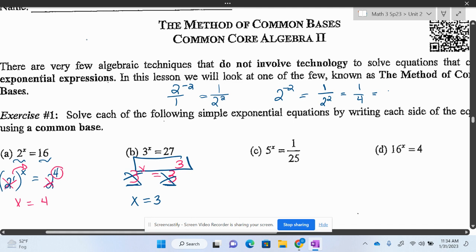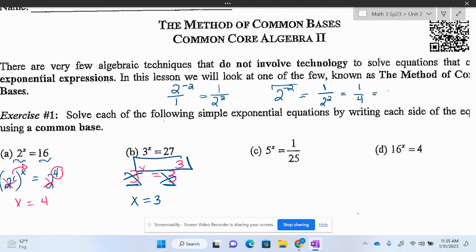So really the 1/4, which is the same thing as 1 over 2 squared, started as 2 to the negative 2 power. So look at example C. 1 over 25 actually started as 5 to what power? Yeah, 5 to the negative 2 power. Good job, sir.